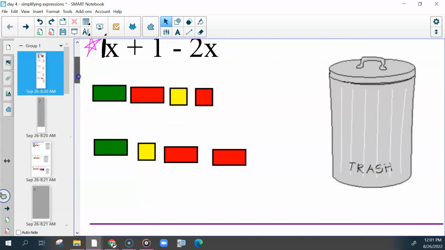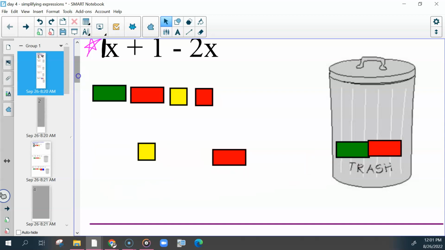No. Do we have positive and negatives of the same thing? Yeah, our x's. So anytime that happens, we're going to get rid of them. I'm going to trash them, because if we added them together, they'd become 0. That's why I call that a 0 pair. And then we look at what's left. And whatever is left would be our final answer.